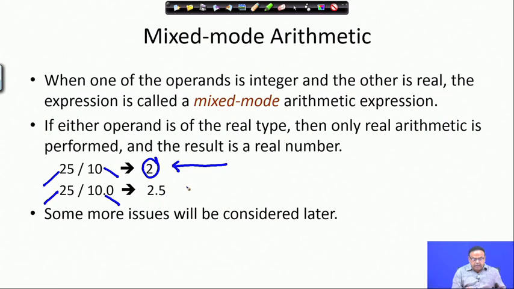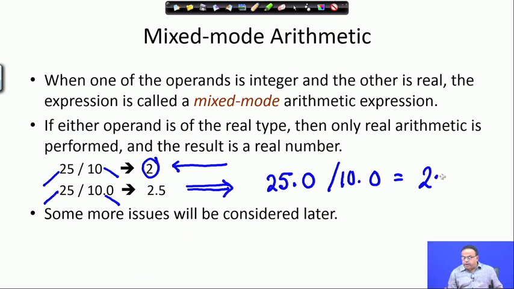So, what is happening here? This becomes 25.0 divided by 10.0, which will be 2.5. On the other hand, since both are integers, the result will be an integer. Let me put in one twist on this. 25 divided by 10 is actually 2.5, right?